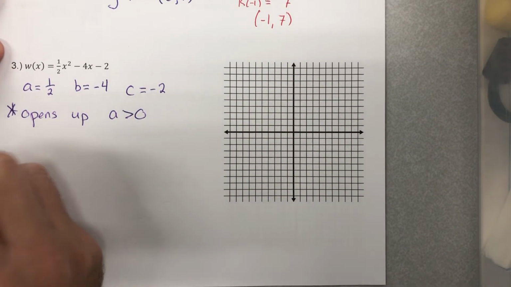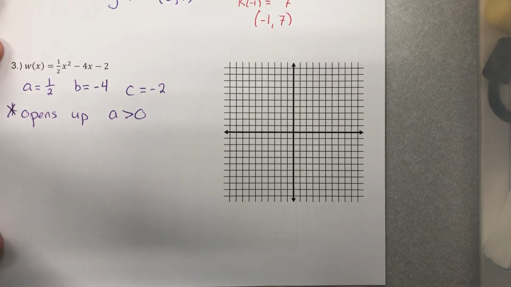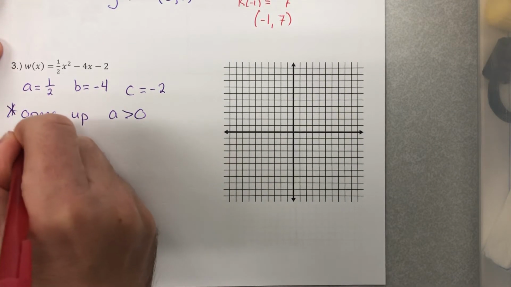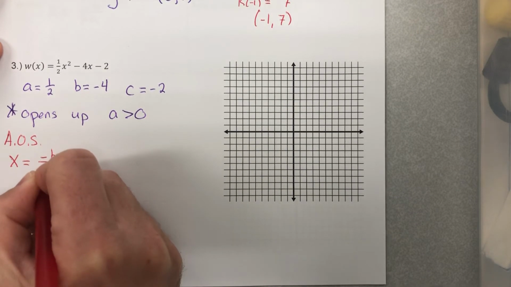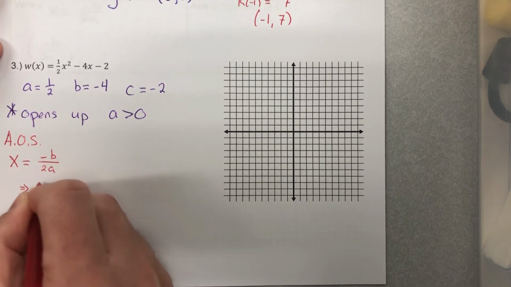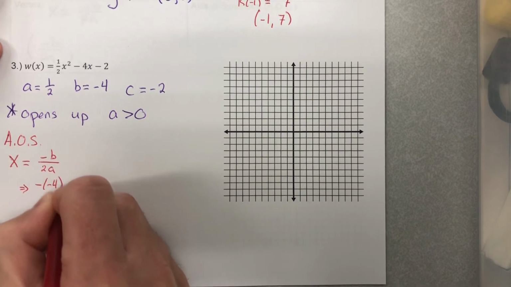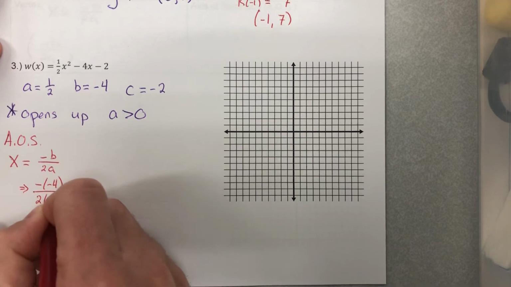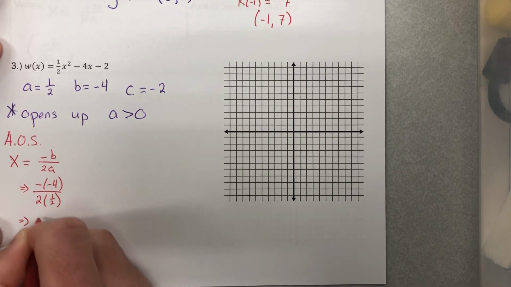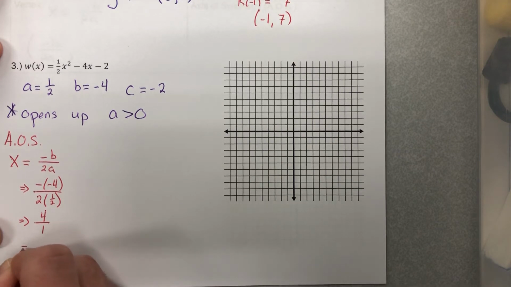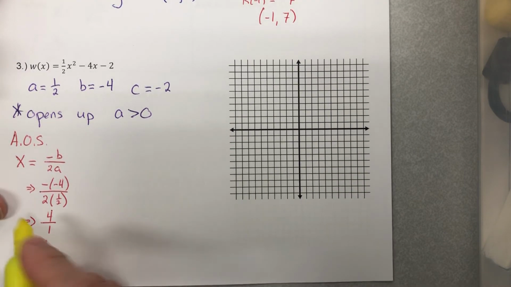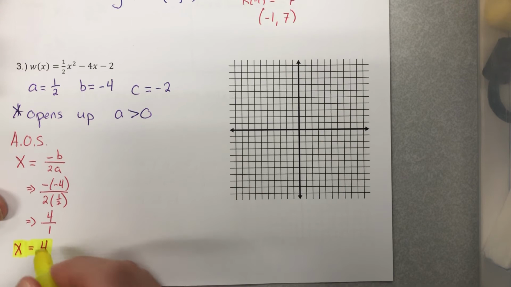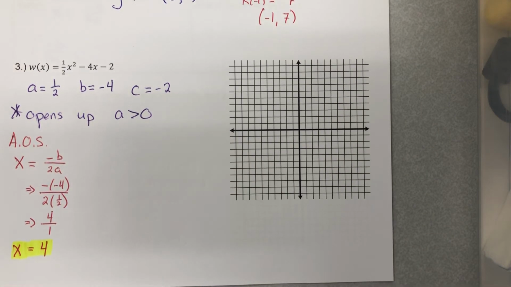Right? Now, we also need to find our axis of symmetry. Just a reminder yet again, it's the opposite of b over 2a. So we'd say the opposite of -4 over 2 times 1/2. So 4 over 1. So our axis of symmetry is x equals 4. This is going to be the vertical line that goes through the vertex and makes our parabola symmetrical about that line.